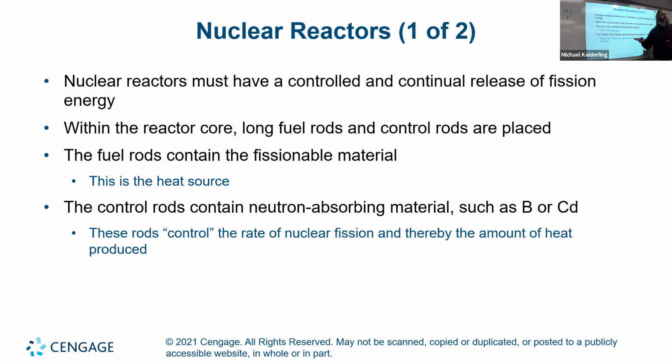These control the rate of nuclear fission by absorbing neutrons and preventing them from causing more fission. You can also add materials called moderators that slow the neutrons down but don't absorb them, making them more likely to interact with the uranium.